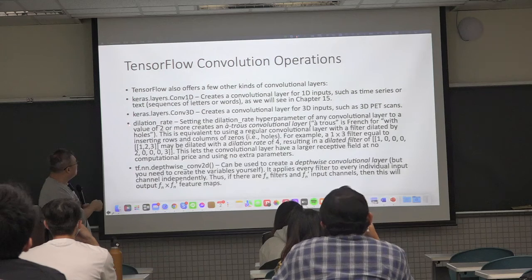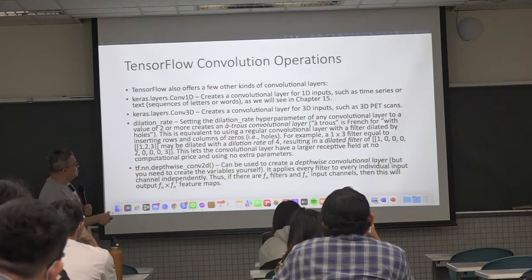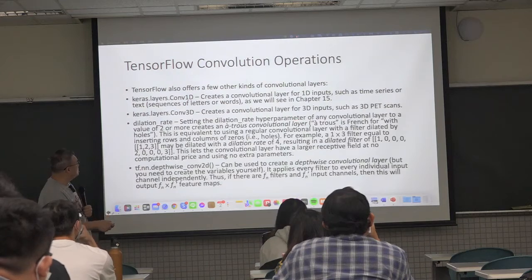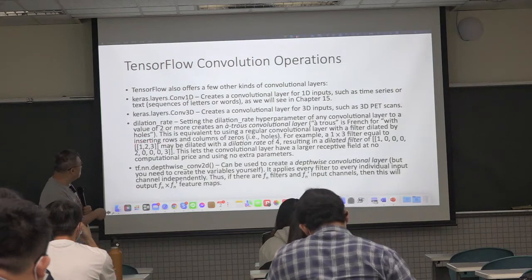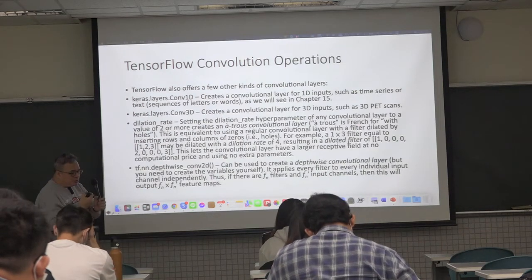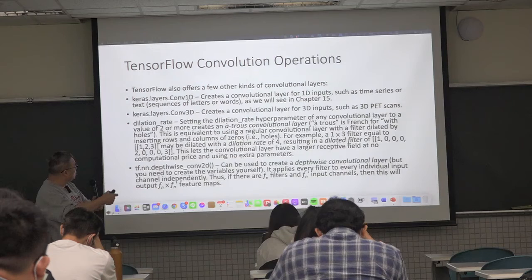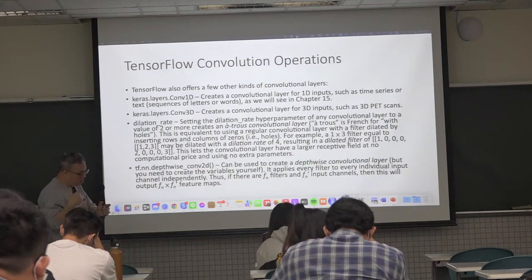And there's a dilation rate. Setting the dilation rate parameter of any convolution layer to a value of 2 or more creates an atrous convolution layer. This is in French, or "with holes". It's like you intentionally create holes in between the input.